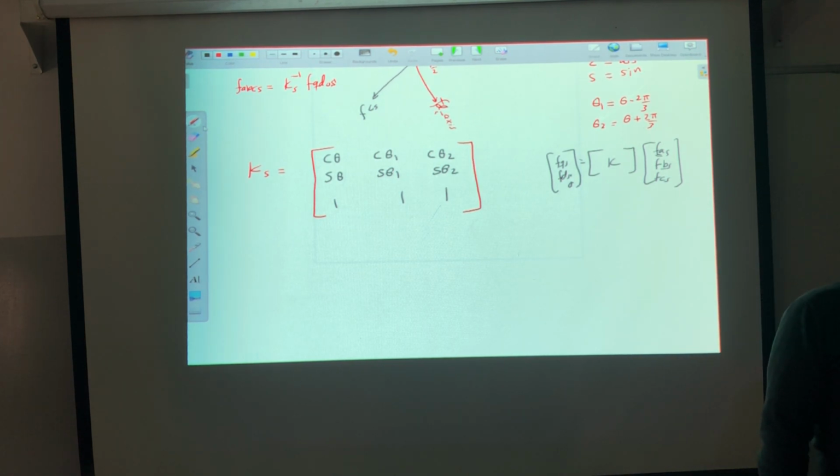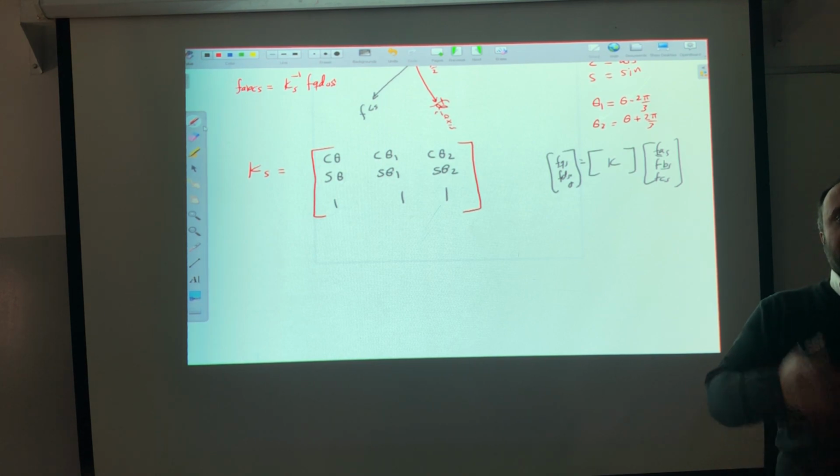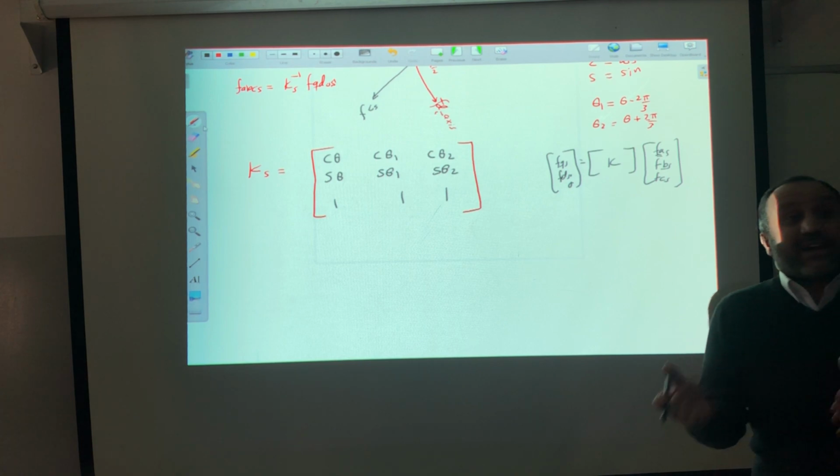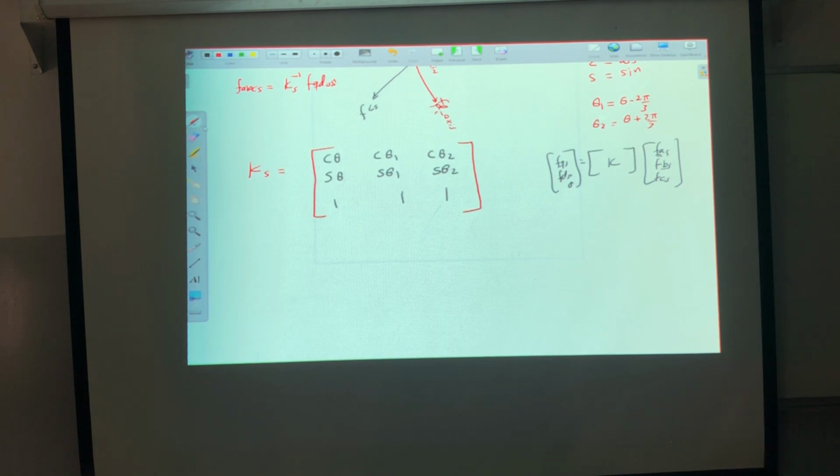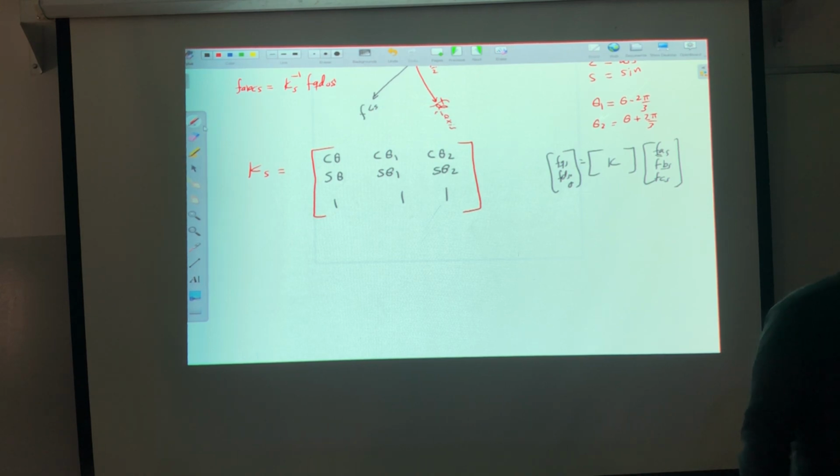For example, if I'm telling you that in the ABC reference frame, the magnitude is 100. What's the magnitude of the VQ, for example, in the QD reference frame? Someone say, imagine I can say it's 100. Yeah? I'm preserving what? The amplitude. So this will be very useful for the transformation.